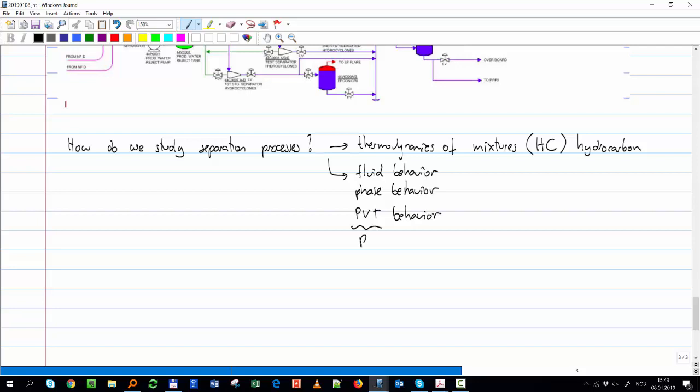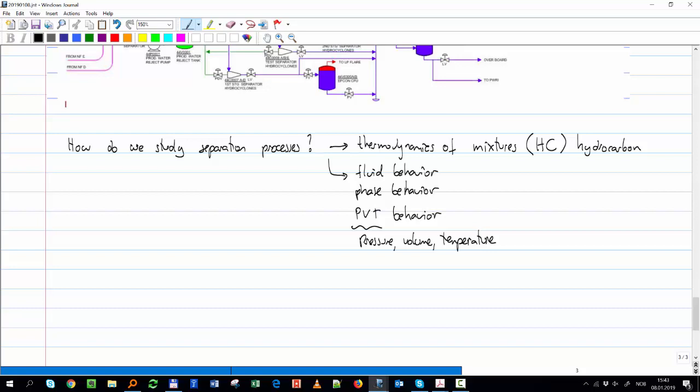PVT stands for pressure, volume, and temperature. So that is what we call the scientific area that we need for analyzing that.